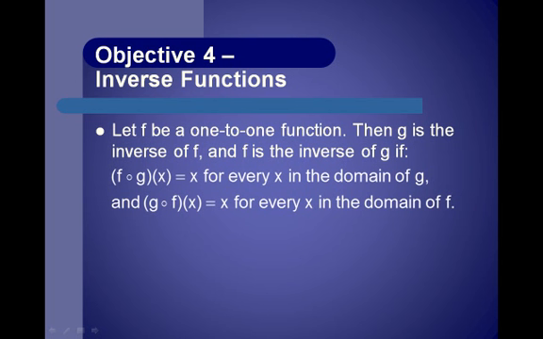Later on, we're going to ask you to show that f and g are inverses of each other. The way you show that is by doing f of g and g of f and showing that you get x for both of those.